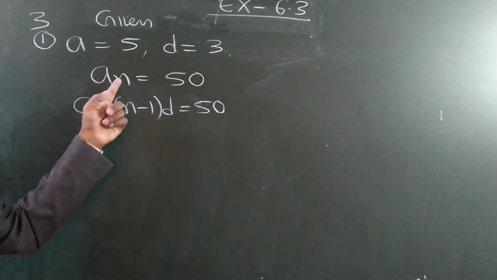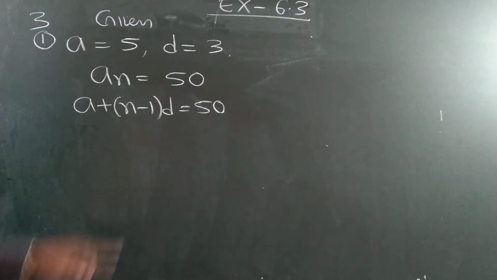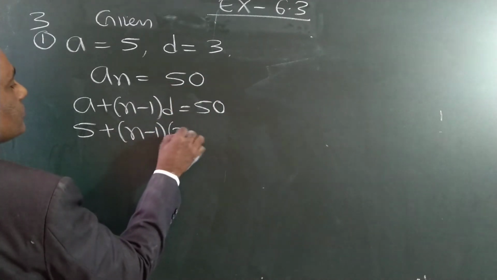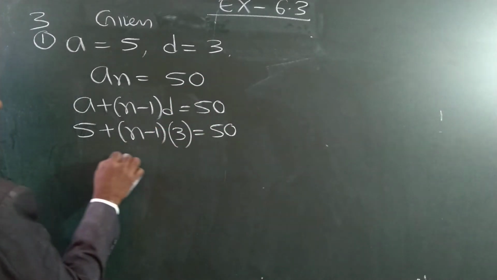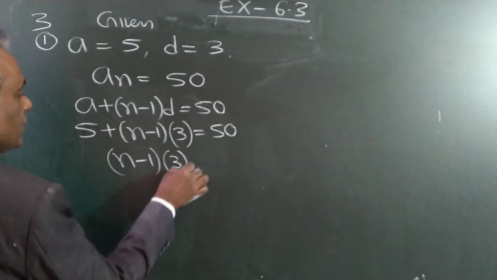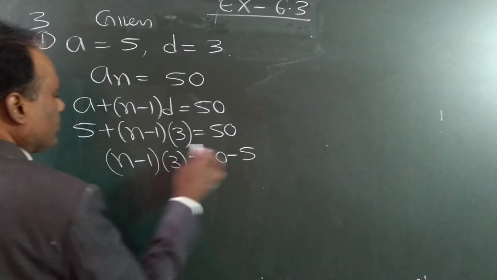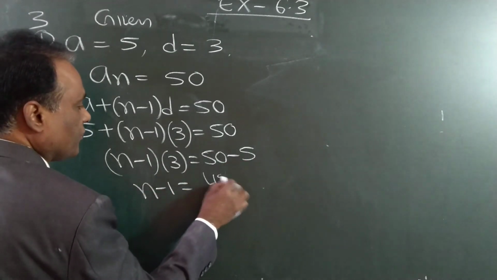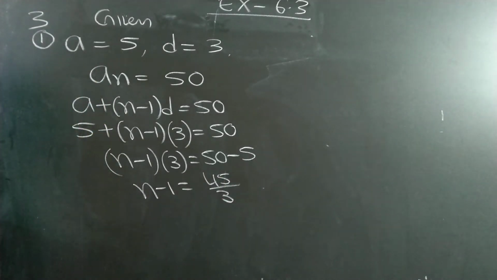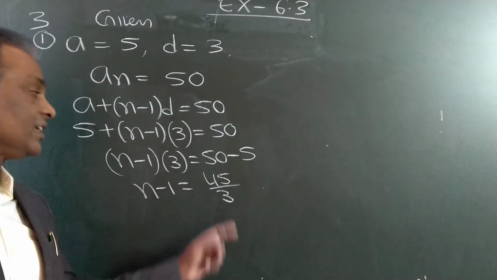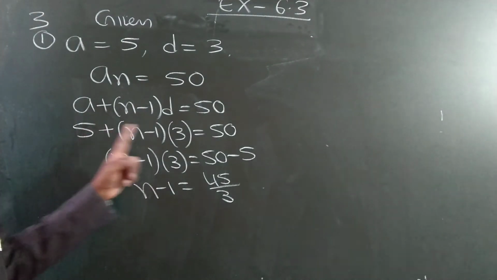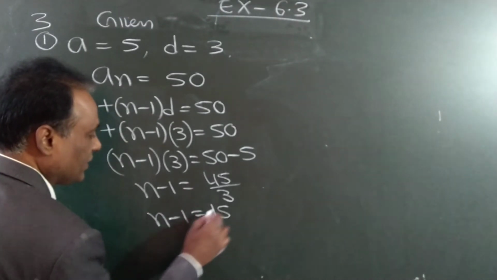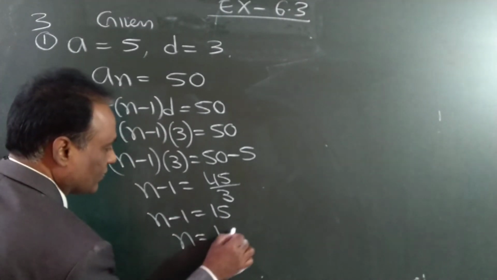Same like previous problem. a is given, d is also given. n minus 1 into 3 is equal to 50 minus 5, plus 5 that side minus 5. n minus 1 is equal to 45 by 3, 50 minus 5 is 45. 45 by 3 is 15. n minus 1 is equal to 15. n is equal to 15 plus 1, 16.